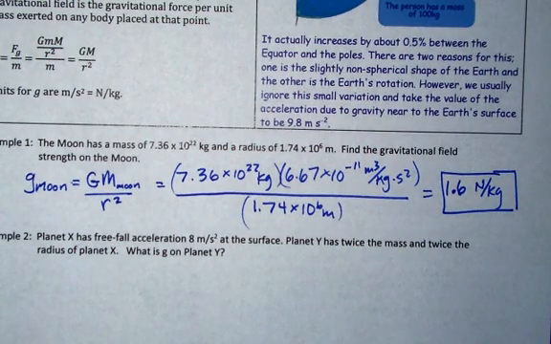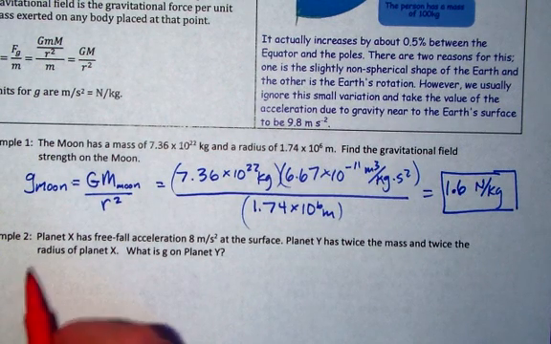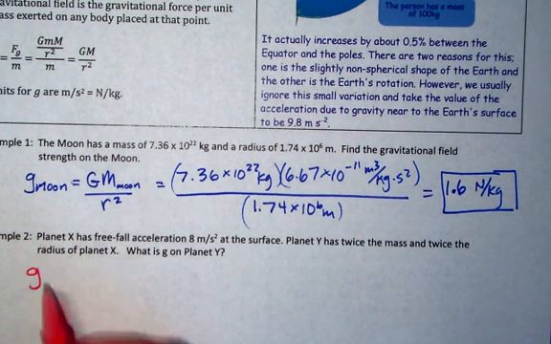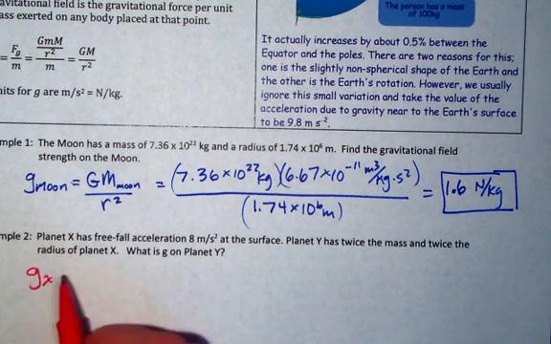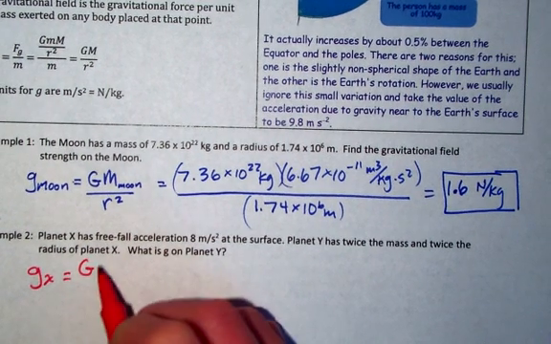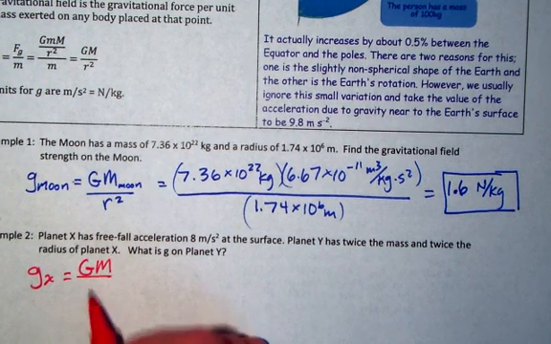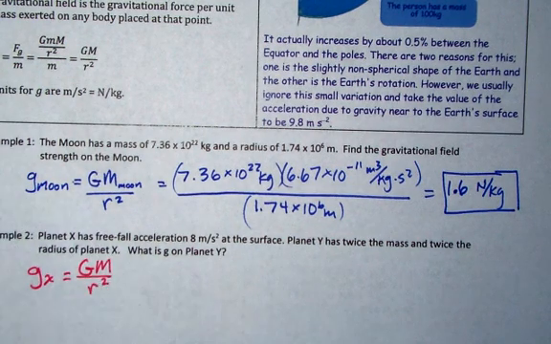So we can go ahead and set up a ratio. The free fall acceleration on X is equal to the gravitational constant times the mass on X divided by the radius on X squared.